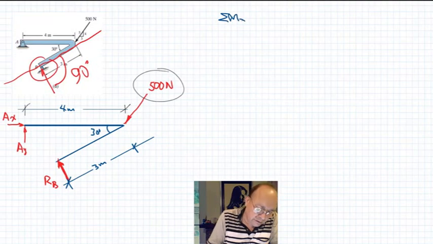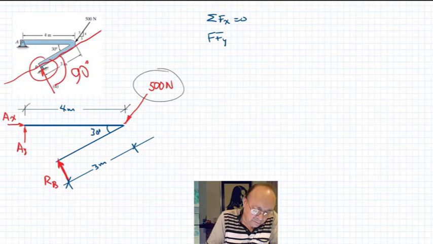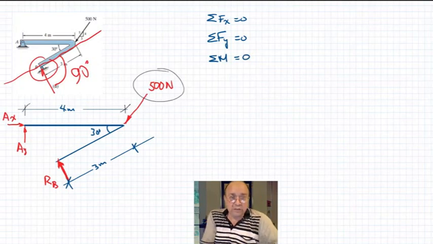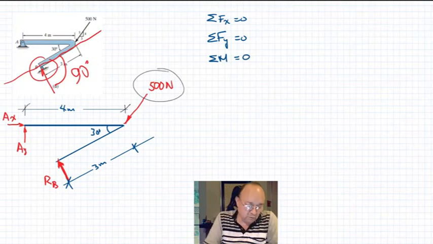Let's do that. Summation of forces in the x direction equals 0. Summation of forces in the y direction equals 0. Summation of moments about any point that you wish to choose, equals 0.